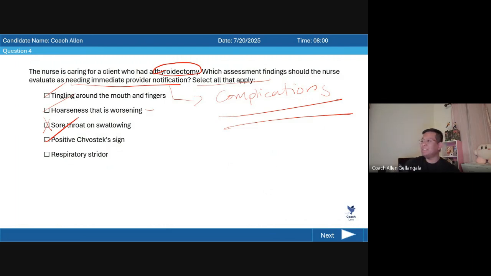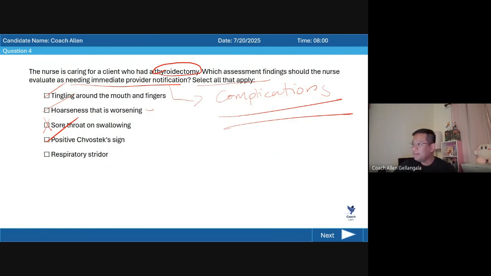Now, with the hoarseness of breath, this is the last one, respiratory stridor. There's that presence of something that's blocking the throat. There would be a sound when you are breathing, that is your stridor. Meaning there is something that is obstructing the main tracheal area.